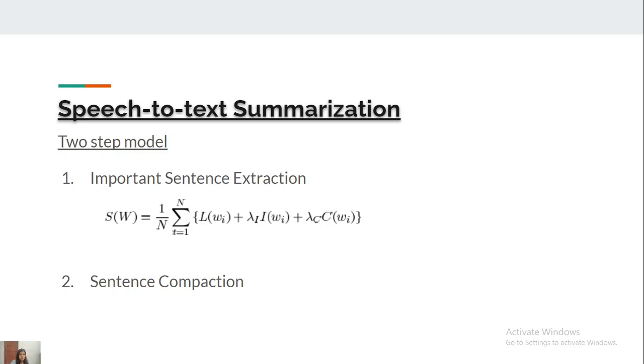So in the second step, all these important words are concatenated. A word concatenation score, which is T of Wi, Wj, is given for every combination of words within each transcribed sentence. This score is a measure of dependency between two words.